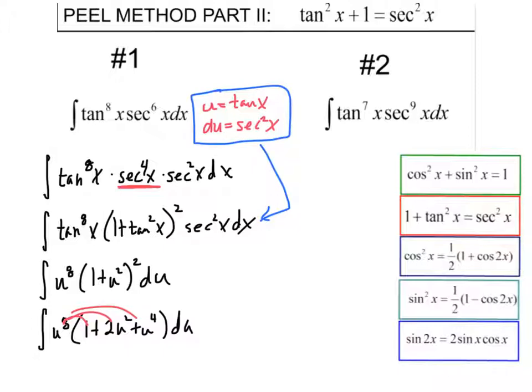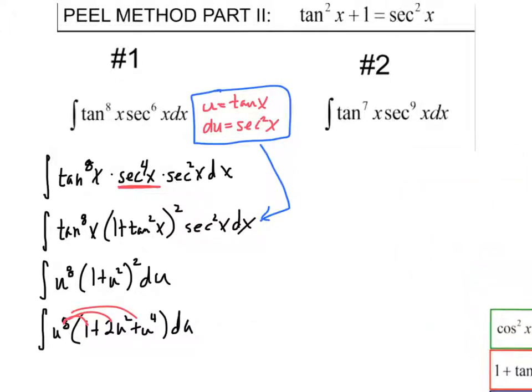In the interest of space and time, I'm going to stop there. But the important thing here is to realize that with even powers, we can pull out a secant squared and then use this to kind of make up everything that's left. Okay? So the question now is, well, what if there aren't even powers? What if there are odd powers?